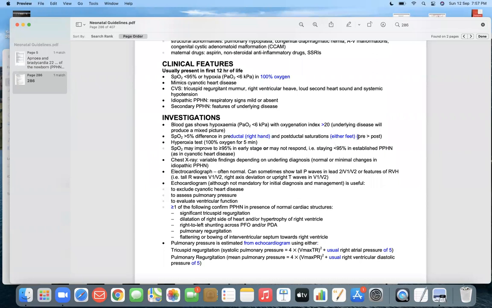No, lower limb blood pressure is more than upper limb. This is saturation. When the upper is more than the lower, this is differential cyanosis. So we have these two differentials, PPHN and coarctation.